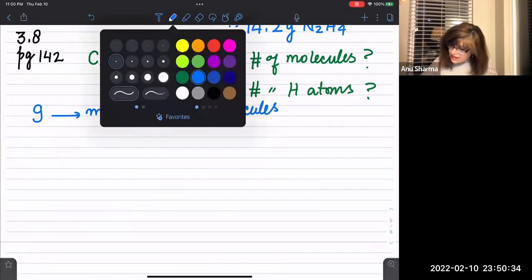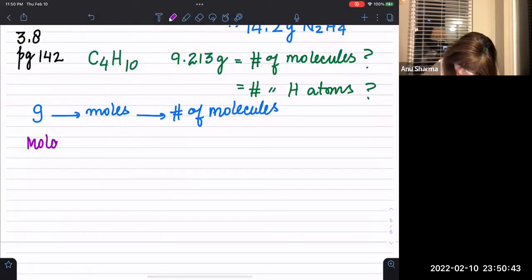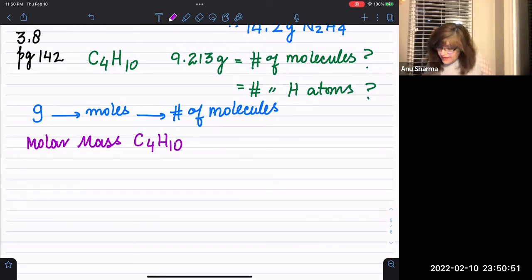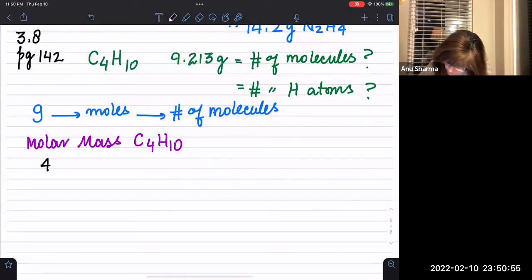Number of molecules first, we'll do that. For that, we would need the molar mass of C4H10. We see that there are 4 carbons, and each is 12 grams.